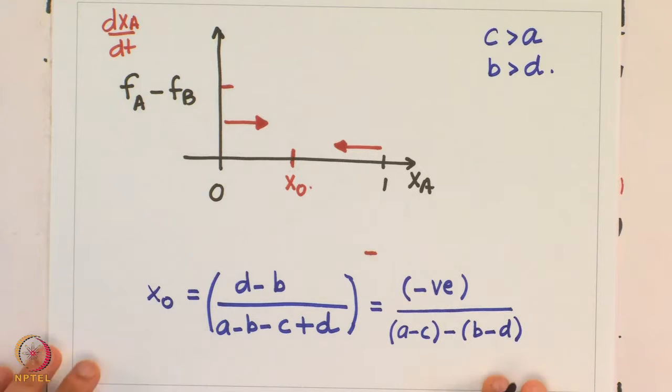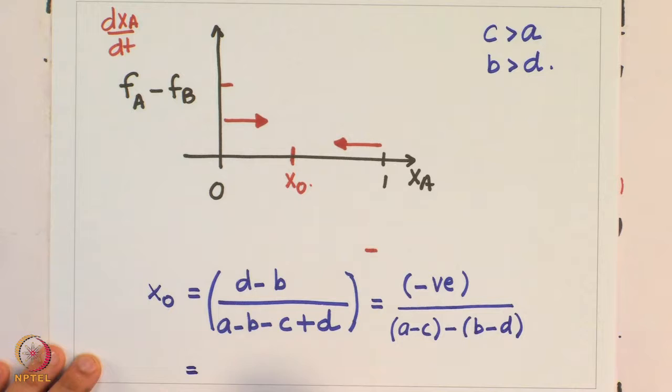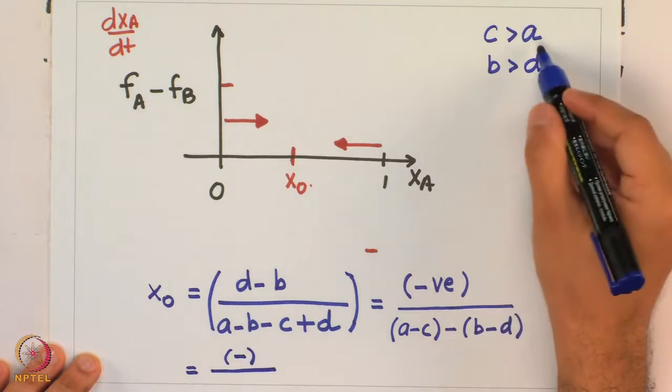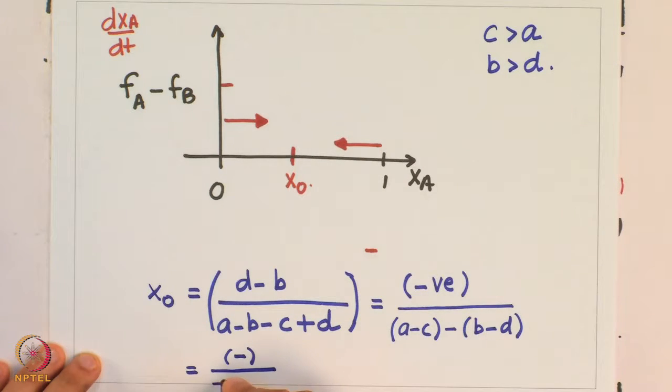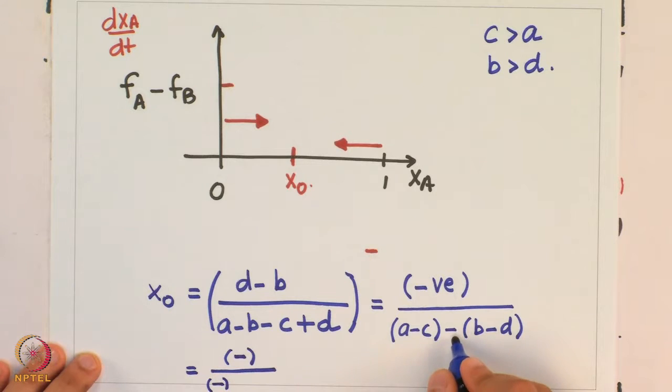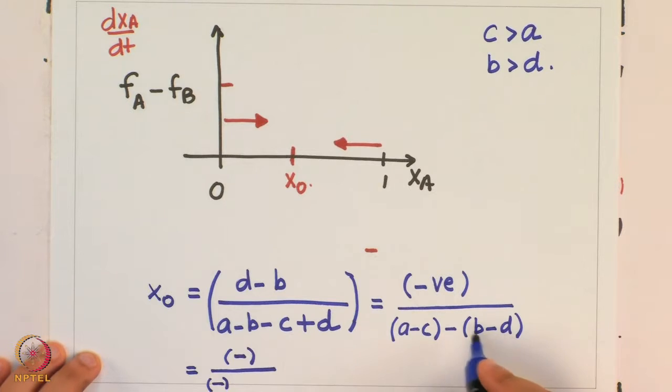If I write it like this, then the whole expression is a negative number divided by a minus c, which is again a negative number, minus b minus d. B minus d is a positive number, but there is a negative sign here. So, this is plus another negative number. I can rewrite this as negative of a positive or positive of a negative.